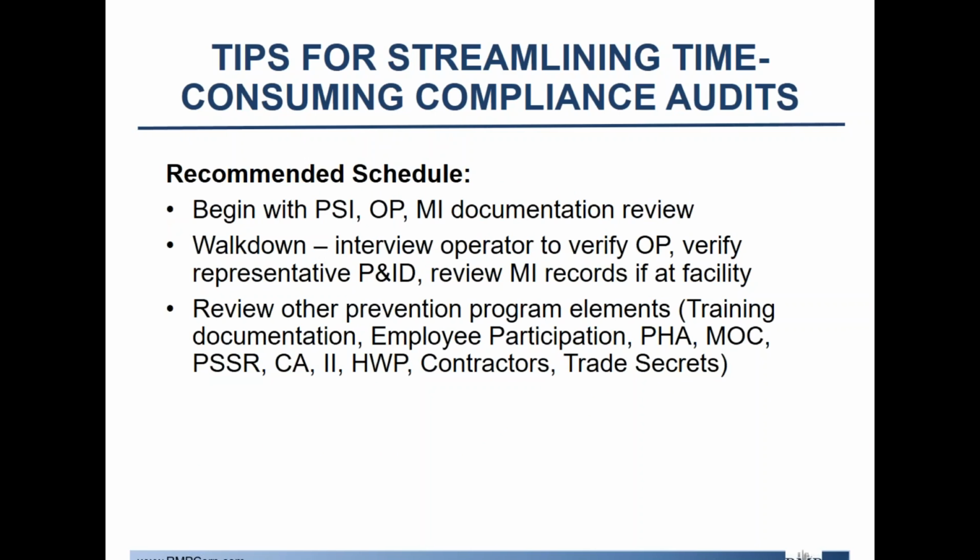You get a good overview of the system, then you go through the PSI and make sure that everything has been updated as required, and then you go down the operating procedures and mechanical integrity documentation. These three elements will probably take 75% of your time, 75 to 80% of your time to review from the whole compliance audit. They're the largest element and take the most.